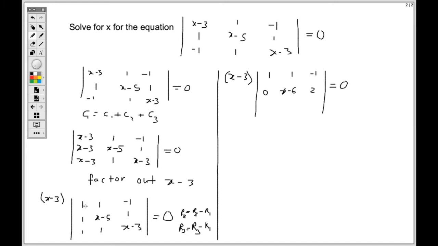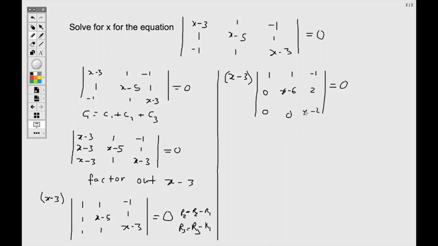Row 3 minus row 1, that's a mixed operation. So 1 minus 1 is 0, 1 minus 1, that's 0, and x minus 3, negative and negative, that's positive 1. So x minus 3 plus 1, that is x minus 2. So again, we have the upper triangular format.